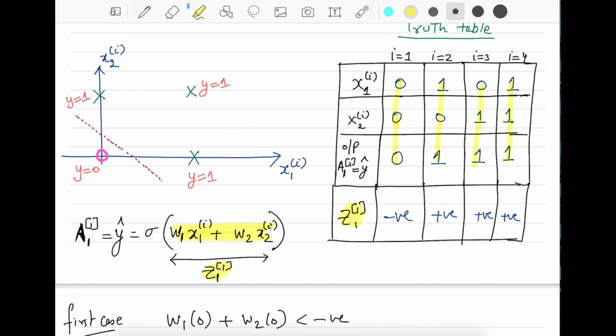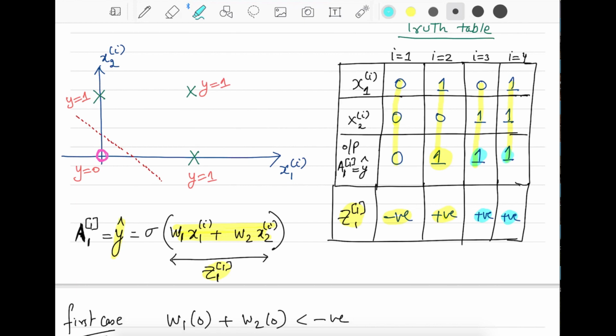When your output y hat is 0, then it means your z11 will be negative here. If the output is 1, then your z11 will be positive. And if your output is 1 again here, then it will be again positive, and the same for this case.